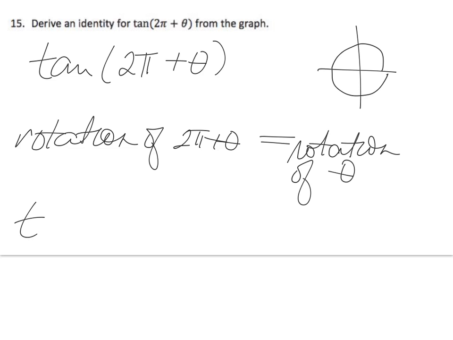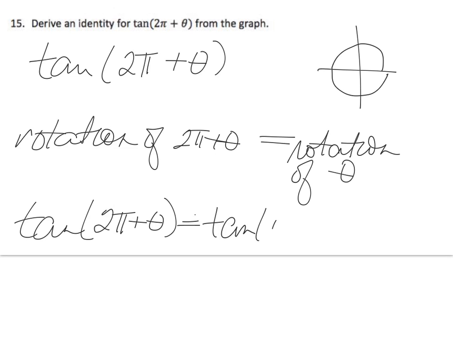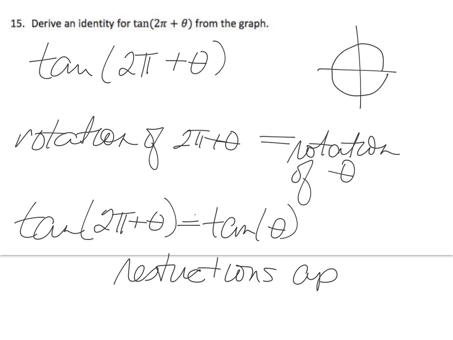We see that tan of 2 pi plus theta equals tan of theta. And the same restrictions apply.